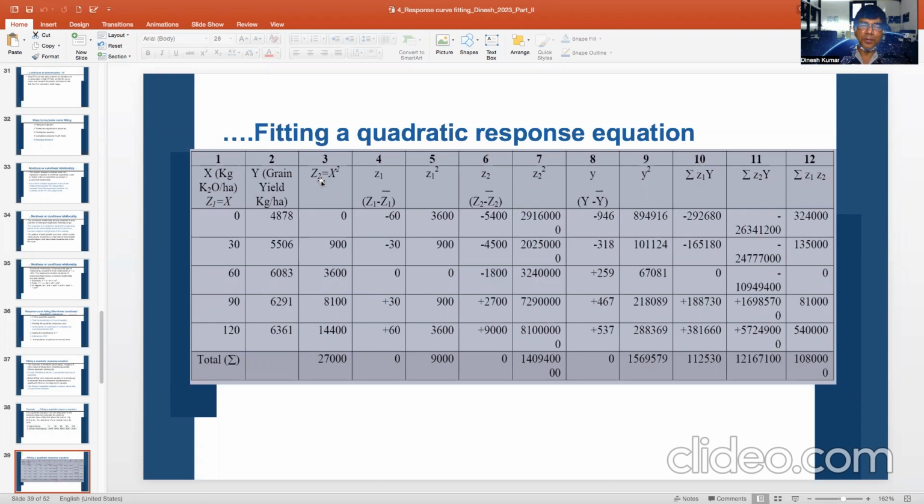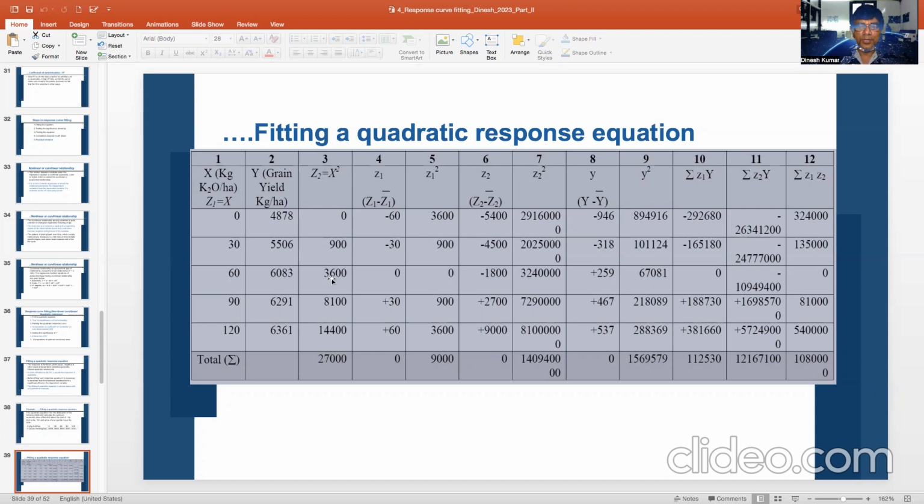And I'm not able to explain the theory behind it because some statistical theory is there that has converted this variable into X square. So for the time being, you see Z1 is X and Z2 is your X square.